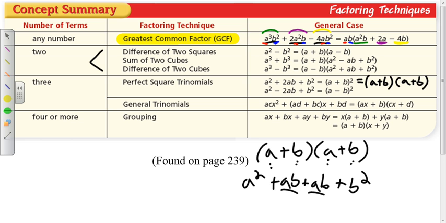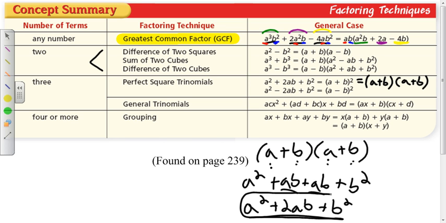We have two different ab terms, so our final answer is going to be a squared plus 2ab plus b squared. And again, this checks out with our perfect square trinomial here.